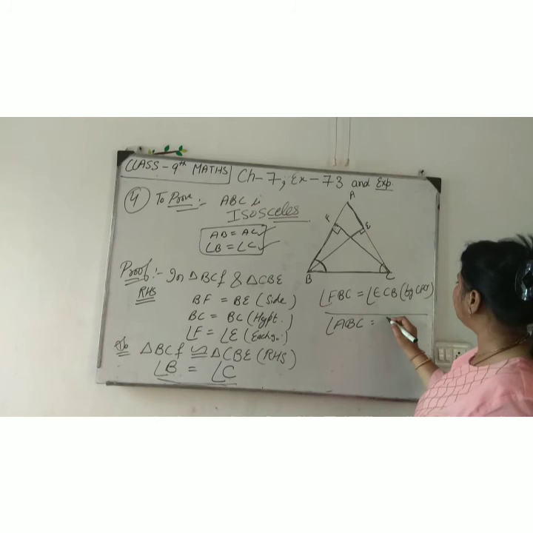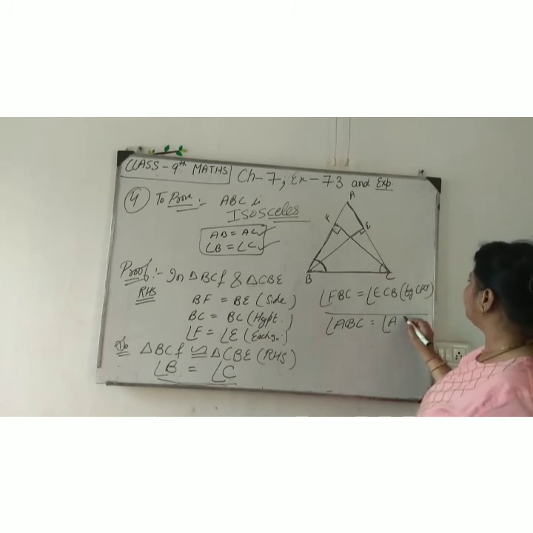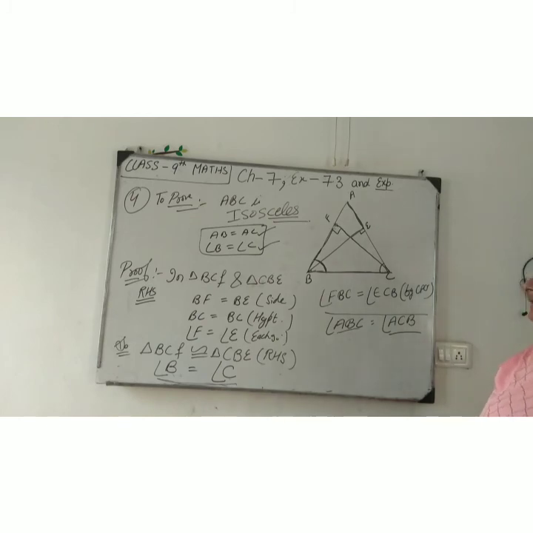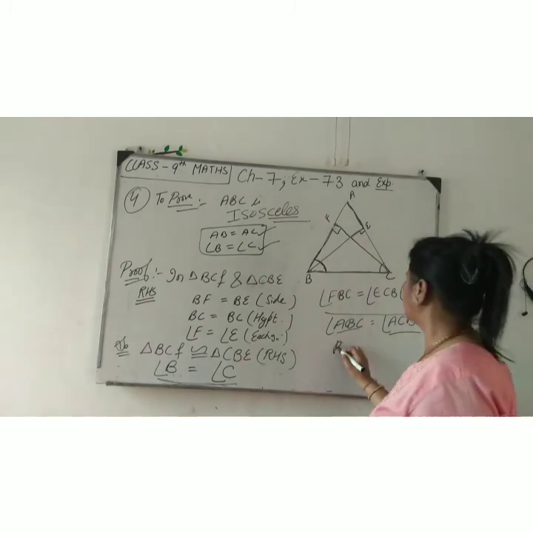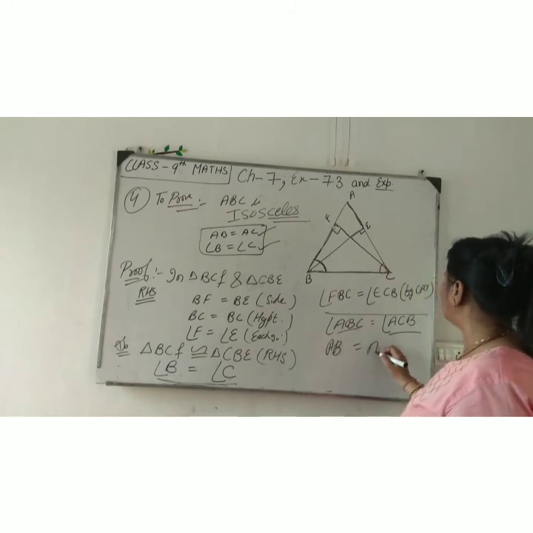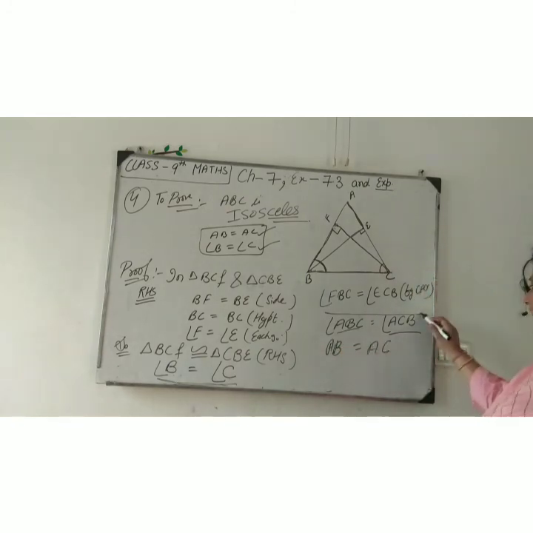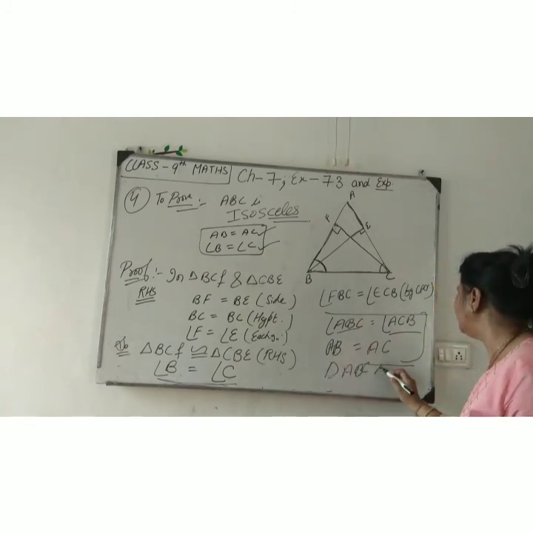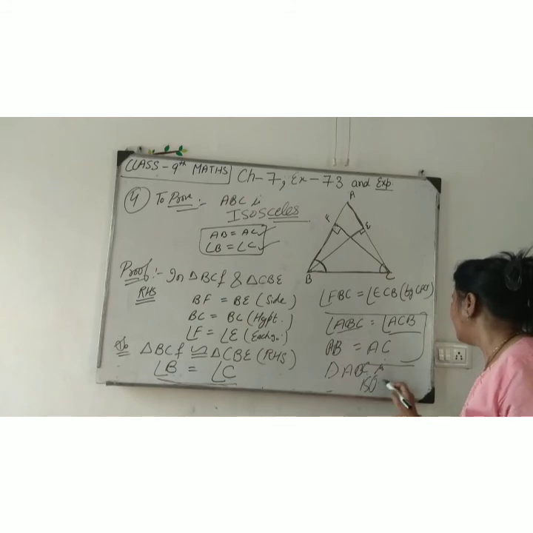So can I write angle ACB? If two angles are equal, it means AB equal to AC. Both conditions are fulfilled in this sum. It means triangle ABC is an isosceles triangle.